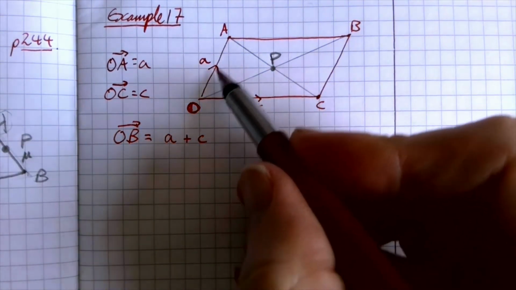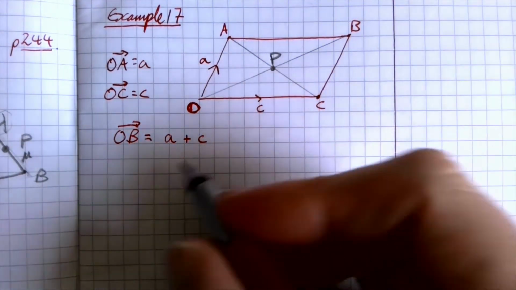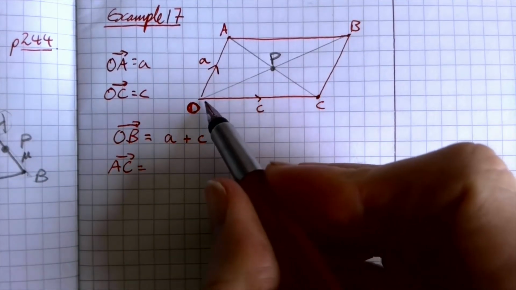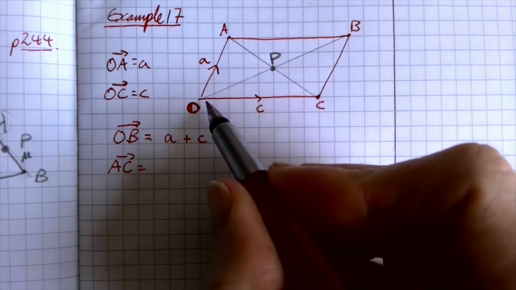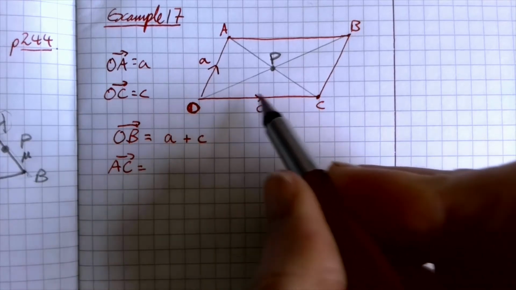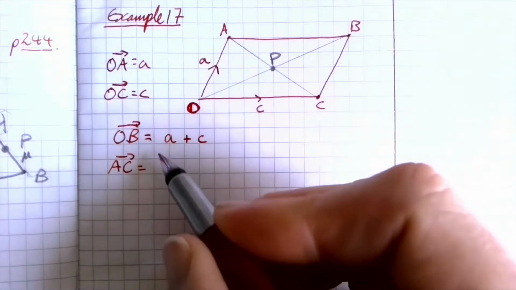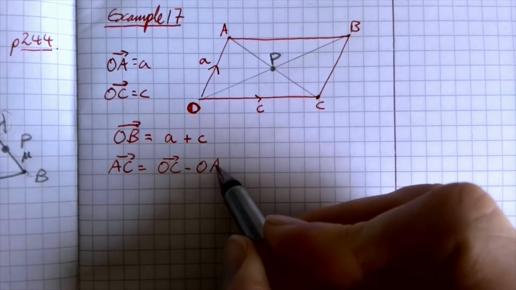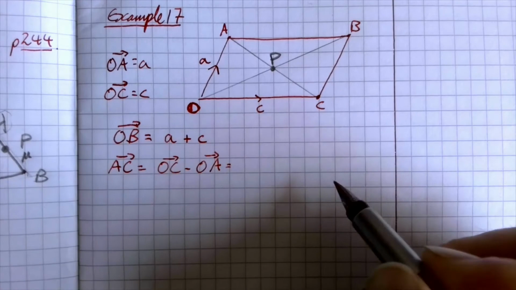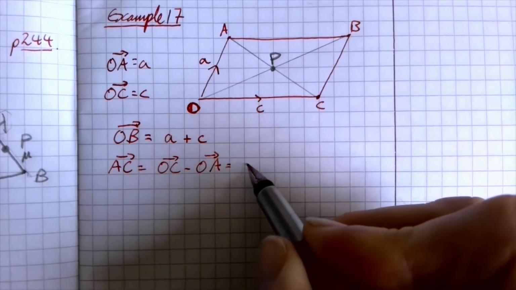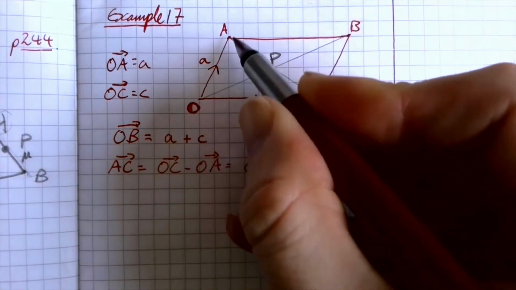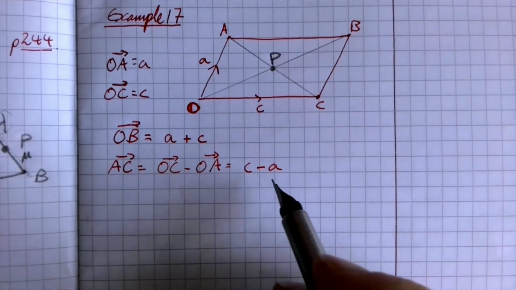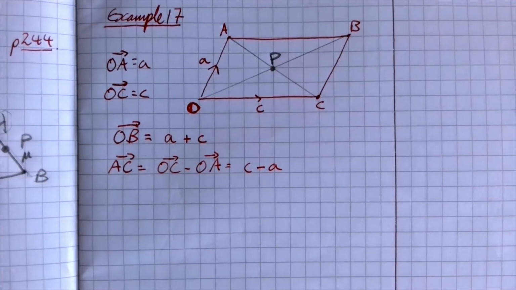Now AC we can get using the triangle law and say that that is going to be OC minus OA. Let's put that in again because it's just worth getting it into our heads so we never forget it. So that is OC, which is C, minus OA, which is negative A. So we know that for OB and we know that for AC.